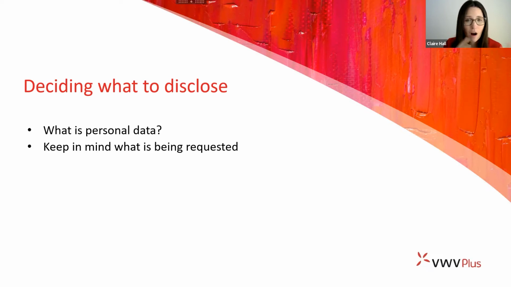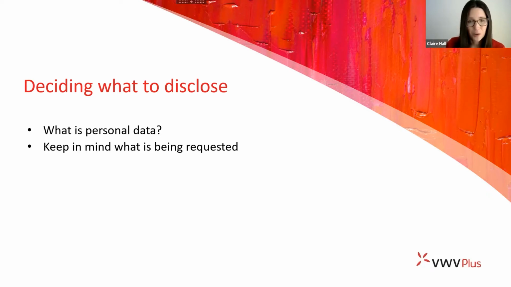So you can't get around data protection law, I suppose is the headline there, by using a nickname or by using someone's initials. If you can work out who it's about, it's still their personal data. But the relates to limb here is really important when we're thinking about what searches to do. So just because somebody is copied into an email doesn't automatically mean that that's their personal data. So just bear in mind the definition of personal data when doing your searches.